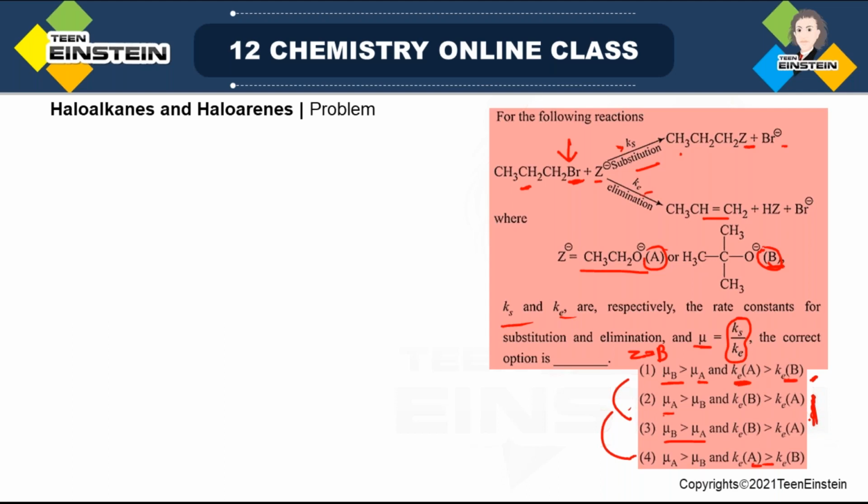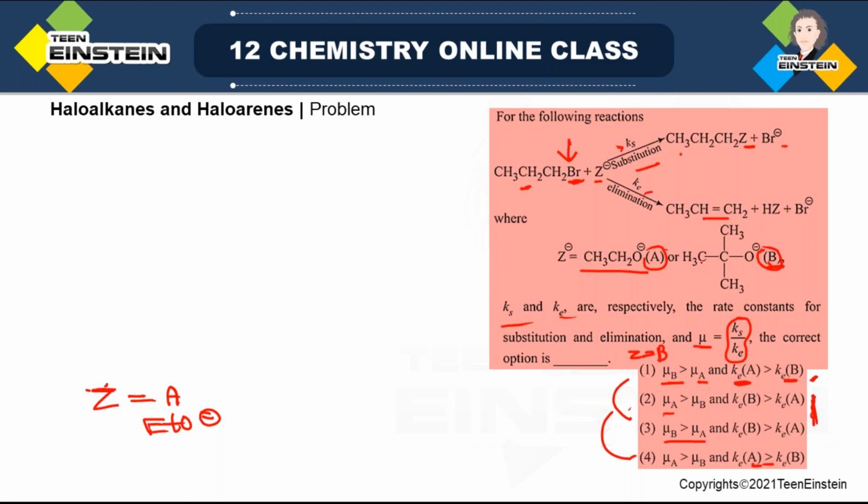Okay. Now when Z is equal to A, that means it is the ethoxide base. Under this condition, we know that when the base is very simple, not very hindered, and not very strong compared to B, obviously tertiary butoxide is not only hindered, it is also a very strong base, but compared to B, A is not so strong, and also it is very simple.